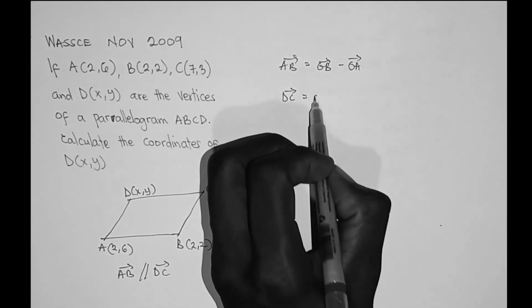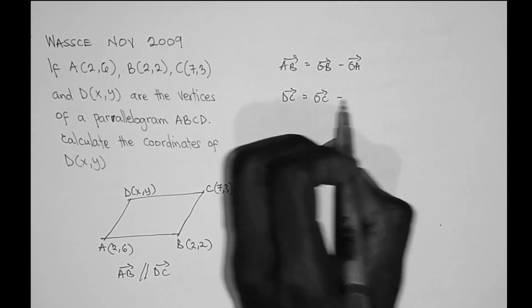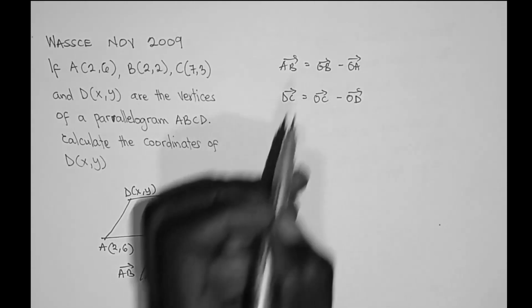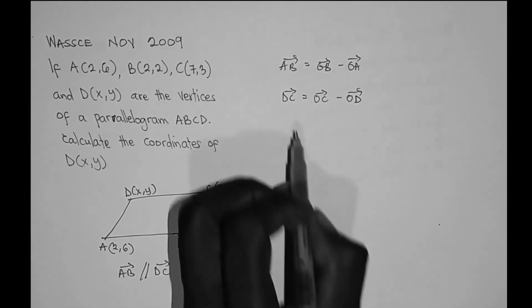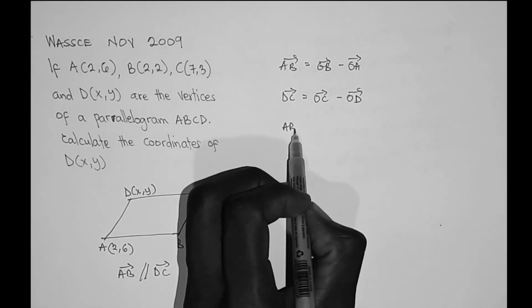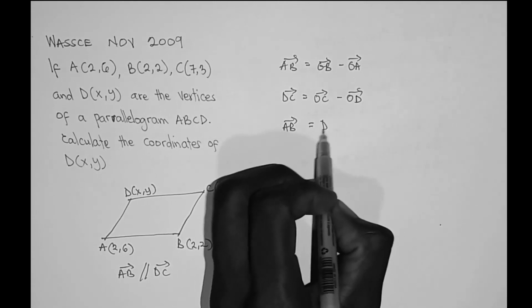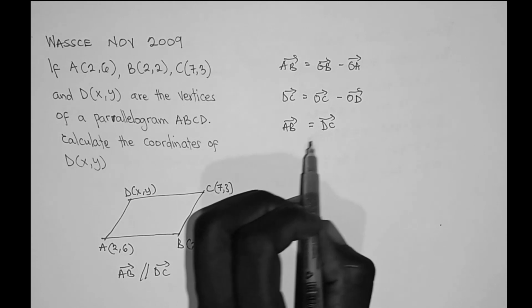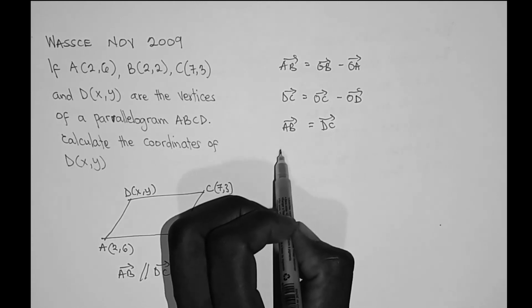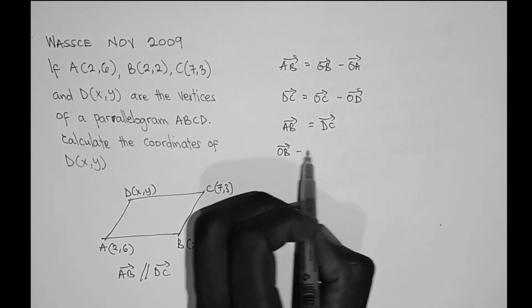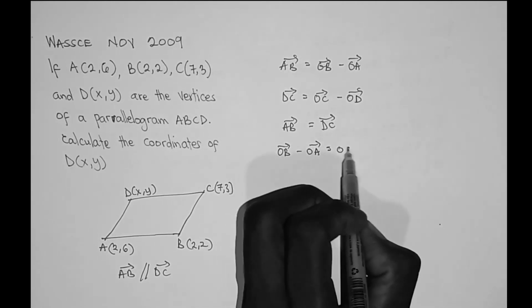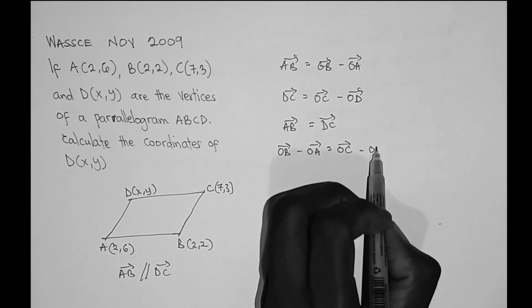The vector DC is position vector OC minus position vector OD. So since they are parallel, then we can say that vector AB equals vector DC. So let's equate AB and then DC. AB is OB minus OA equals OC minus OD.